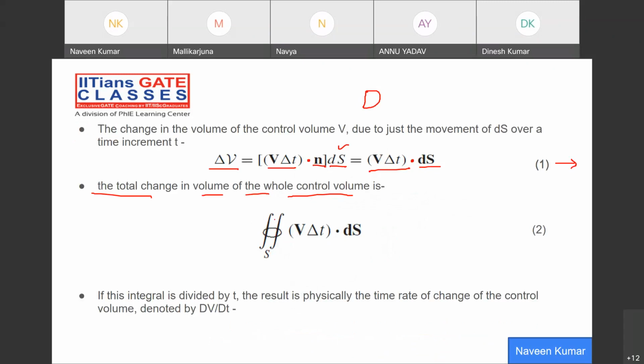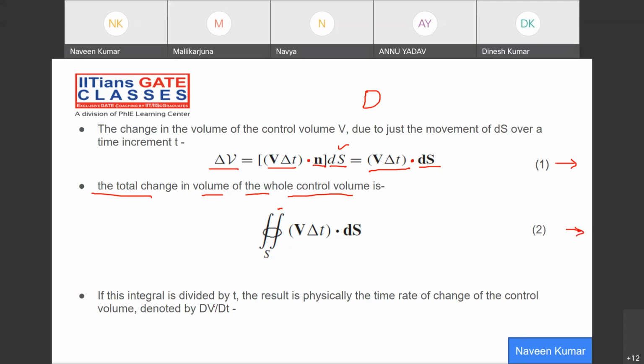Later on I will discuss the line integral, surface integral, and volume integral also, but at this moment, just for the sake of convenience, just hold this. What is this surface integral? Surface integral of V delta t dot dS. That is called the second equation.